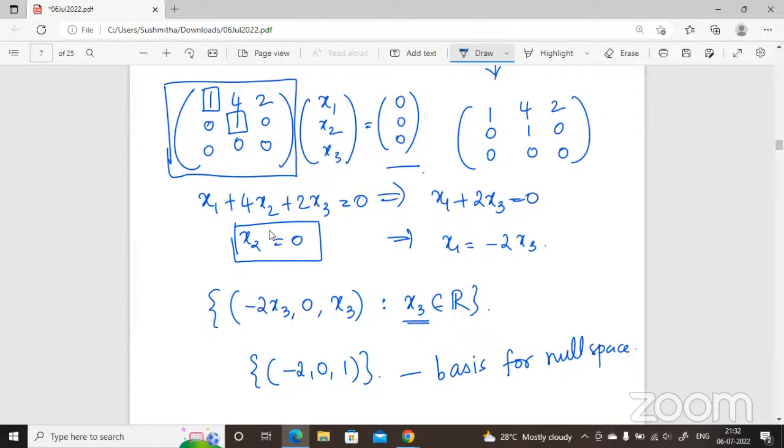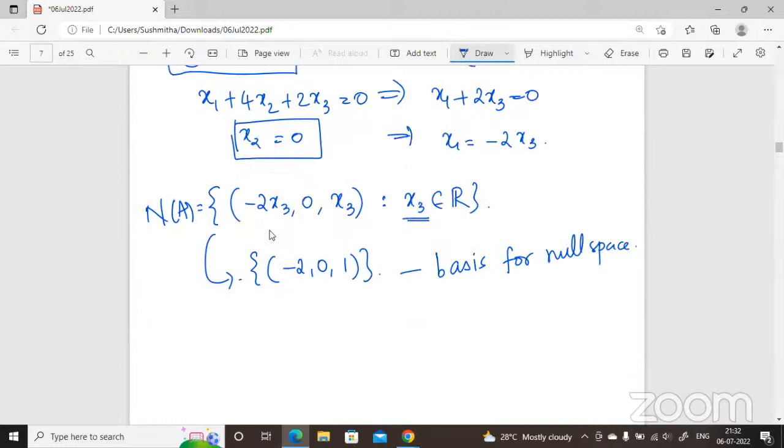Okay. Basis for the vector space, the subspace, is going to be what in this case, madam? Here we found the subspace. This is the null space of A. Correct. And we found a basis here. Correct. But this is the basis for the null space.